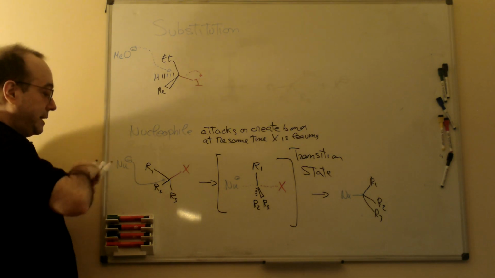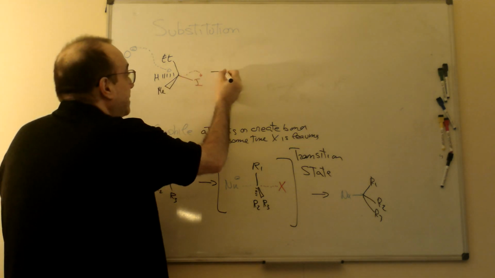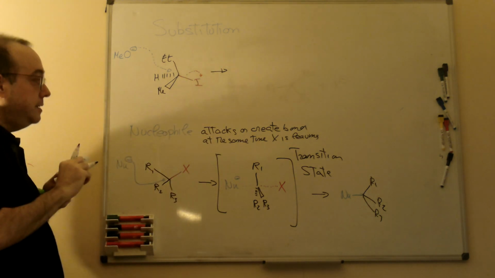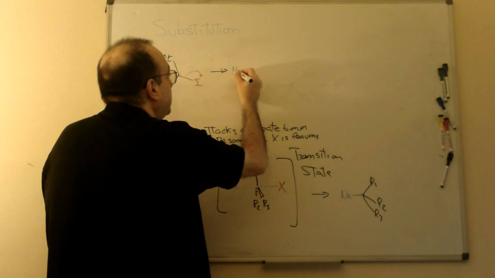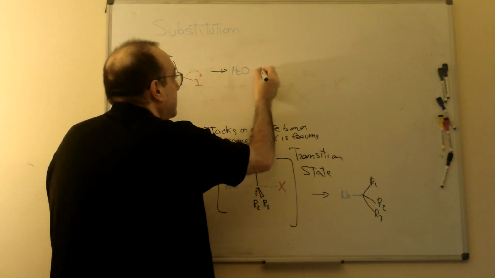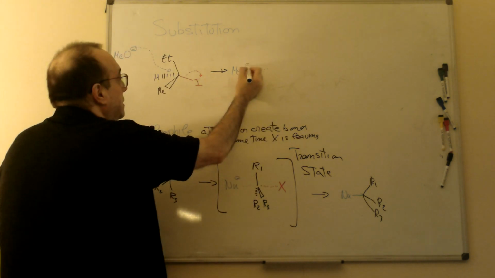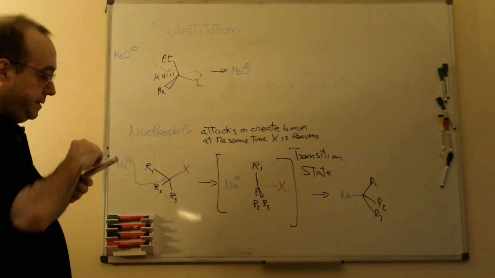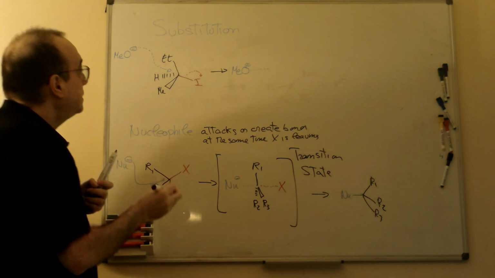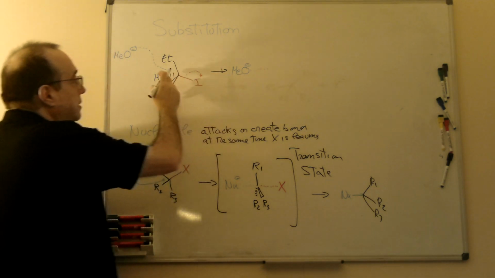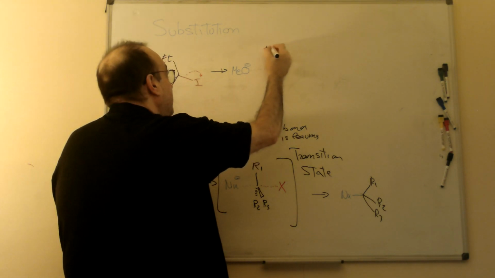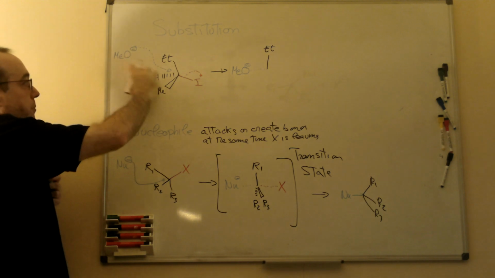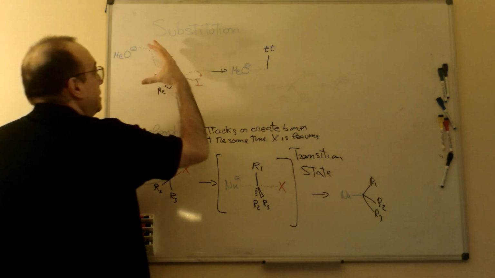That means if we draw the transition state, this reaction has a transition state. We will have the methoxide forming the bond with the carbon. This ethyl is up. We are inverting the configuration. This is coming from here. That means that this is like an umbrella.